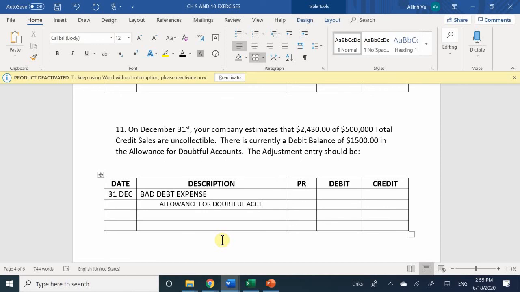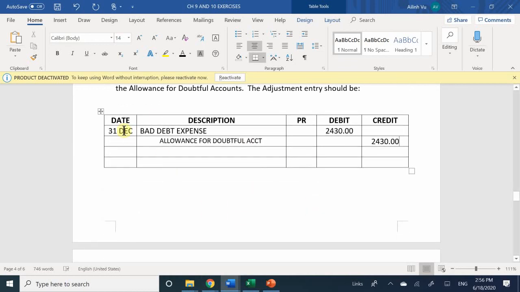No. Do you ever see an allowance for doubtful accounts? No. So do you care about this debit balance? No. So what is the total amount here? 2,430. Make sure that you read carefully.